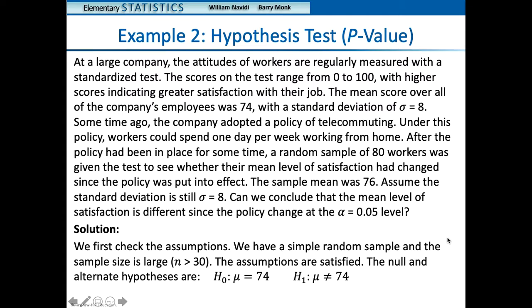The reason for that is because the way the question is phrased, it just says different. The word does not suggest an increase or a decrease. So it just says different. It doesn't have a descriptive term about how that is different. So when that's the case, we set it up with just the not equal to symbol, and that is a two-tailed test.